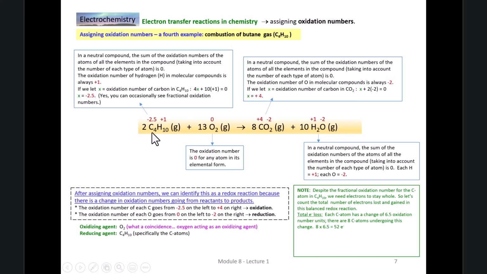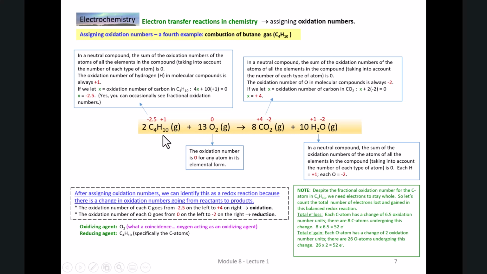oxygens. And the oxygens would be gaining 2 electrons each, and we have 26 of them, and 26 times 2 is 52. So the oxygens have gained 52 electrons from the butanes that lost 52 electrons, or the carbon in each butane.